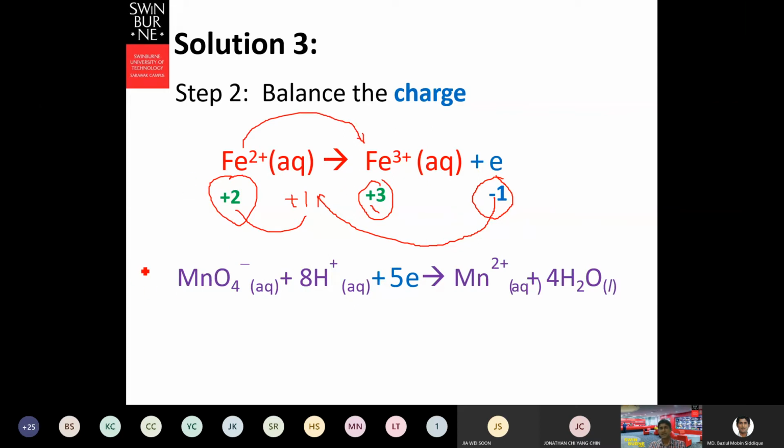In this case, manganese tetroxide, we don't need to go through steps. We can directly add the hydrogen because this oxygen has to be balanced. This manganese is produced, Mn plus. What is the oxidation state of manganese here?